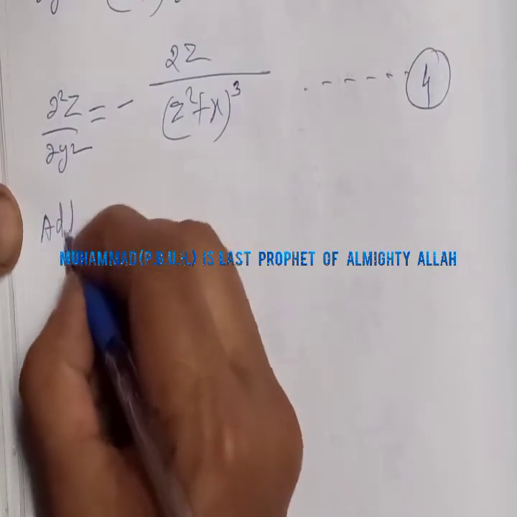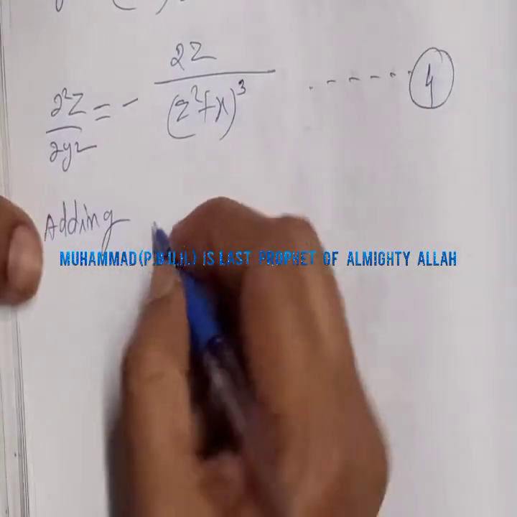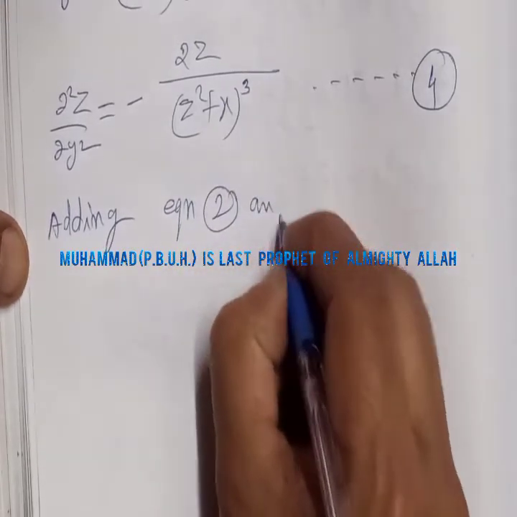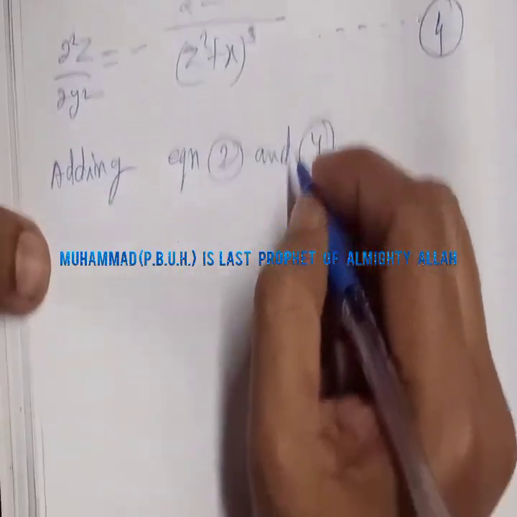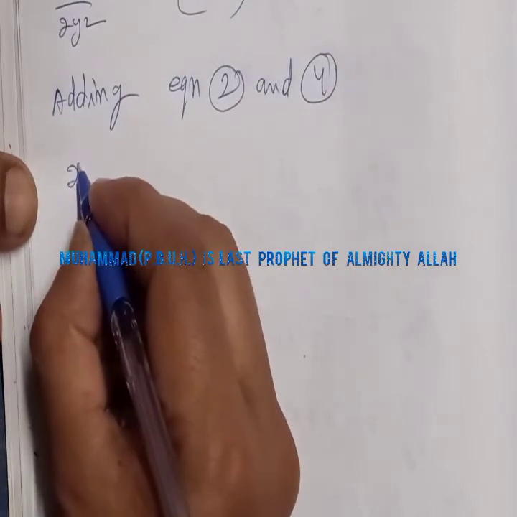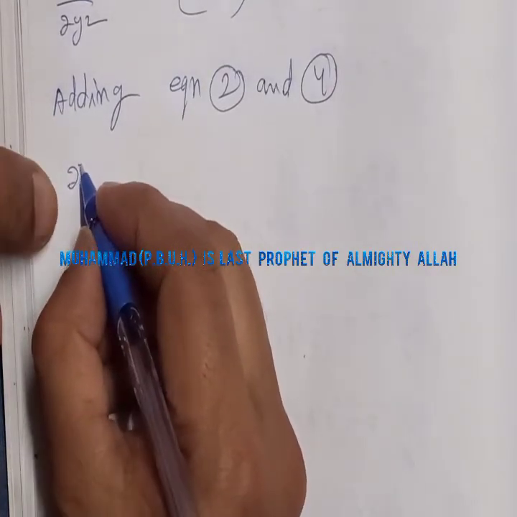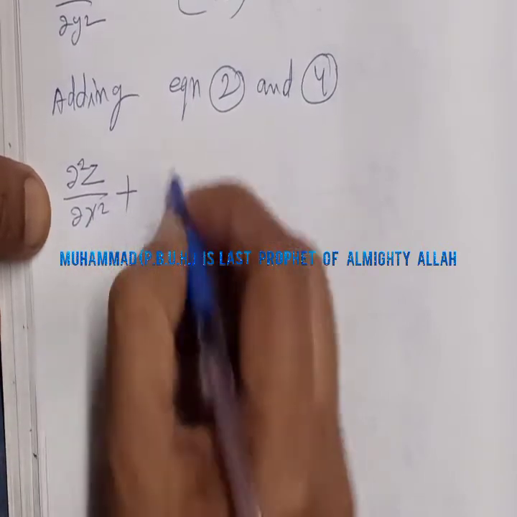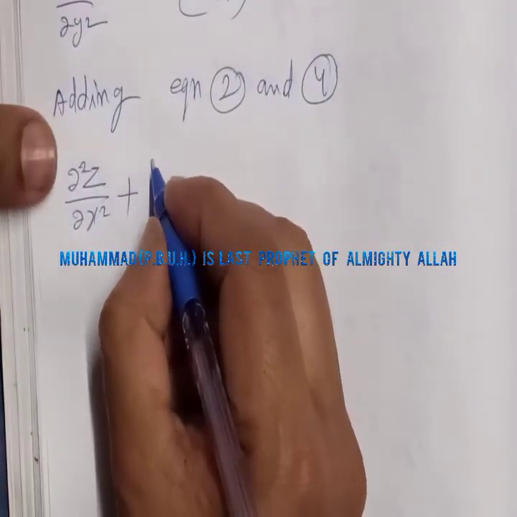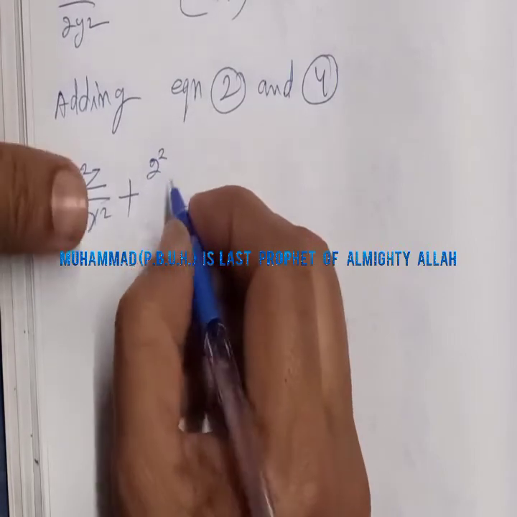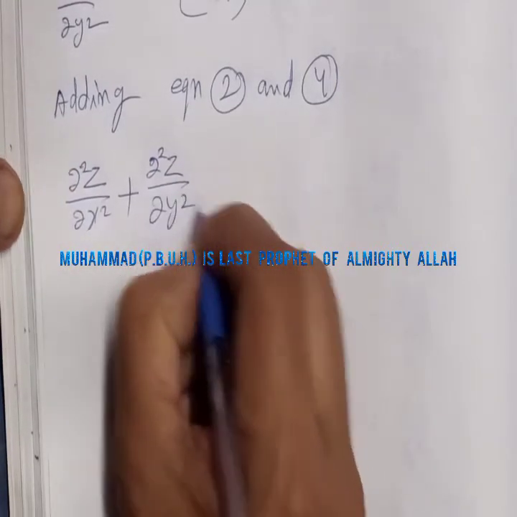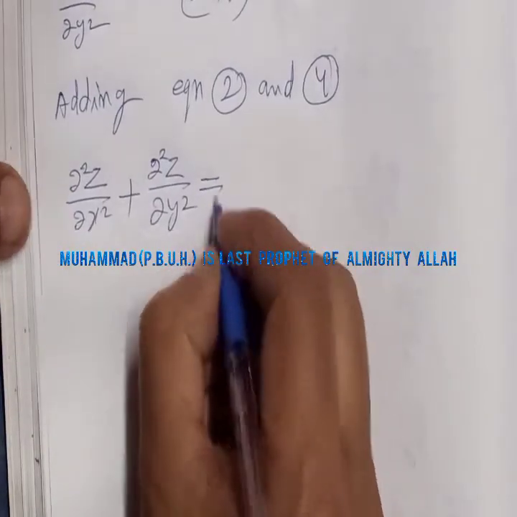Now to find the result, adding equations 2 and 4, we add the left hand side of equation 2 plus the left hand side of equation 4.